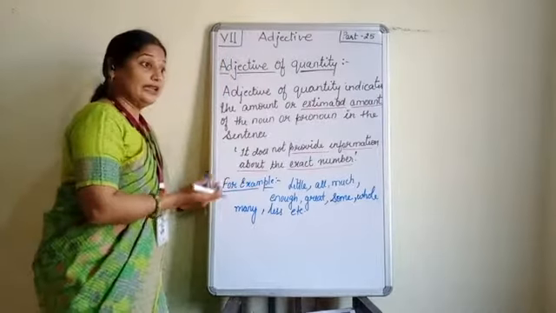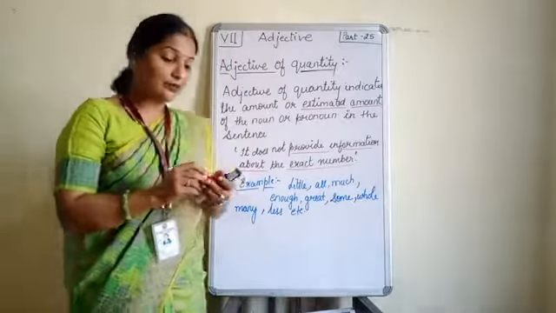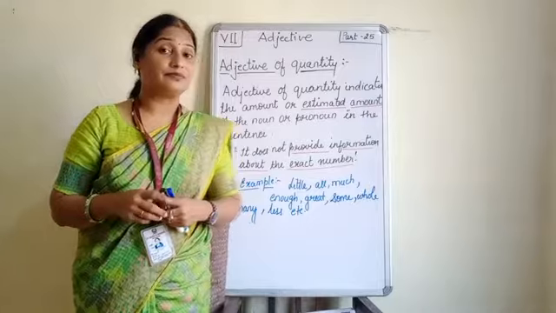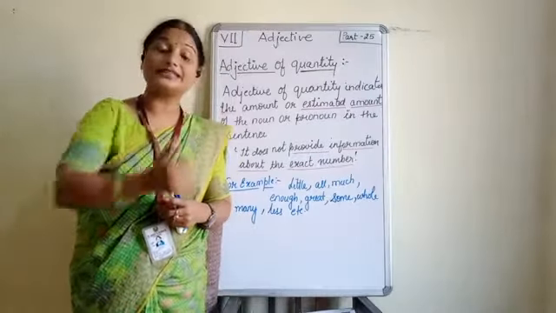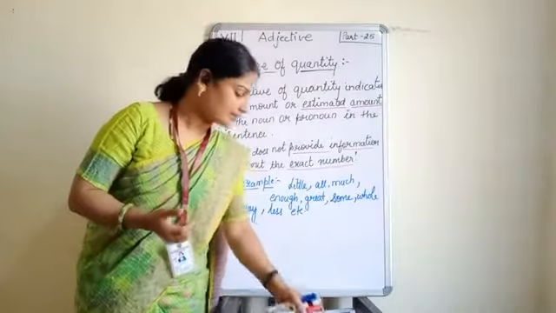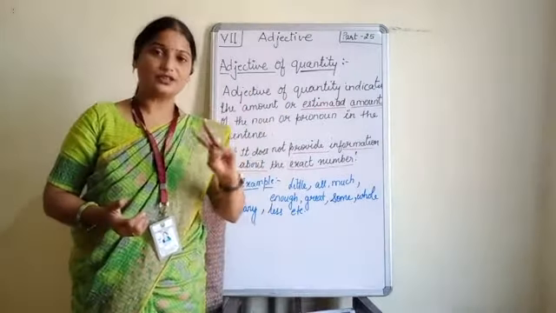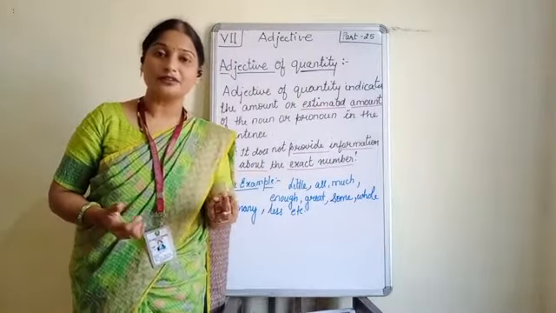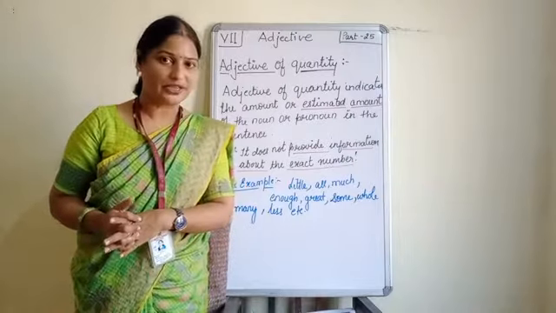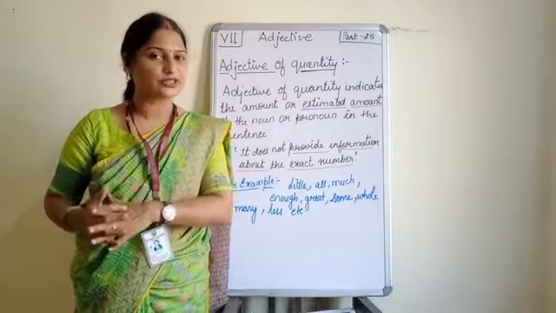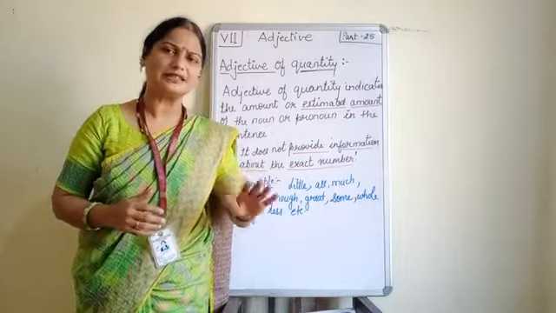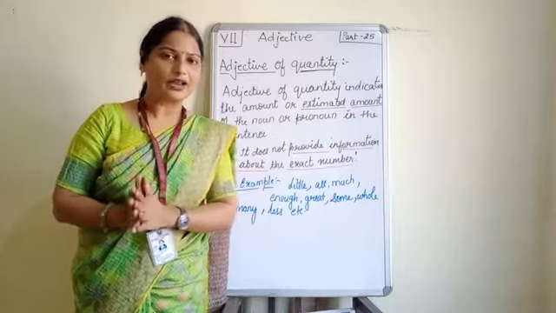Enough. Now, see, suppose I say enough, then how is this enough an adjective of quantity? Suppose for a small child, 2 chapatis are enough in the dinner. If the boy or the girl eats 2 chapatis, then it is enough for his or her dinner.